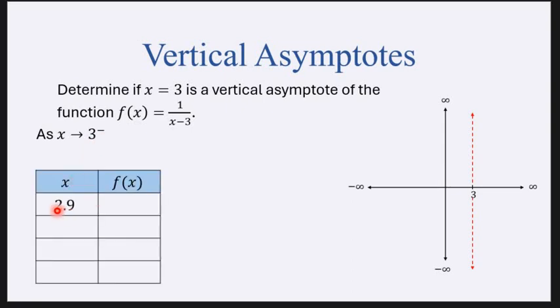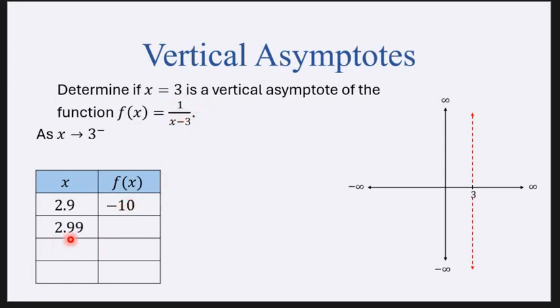I'm going to plug in numbers like 2.9, and I get negative 10 because 1 over 2.9 minus 3 is 1 over negative 0.1, and that's just like the table before. 1 over negative 0.1 we said was negative 10.